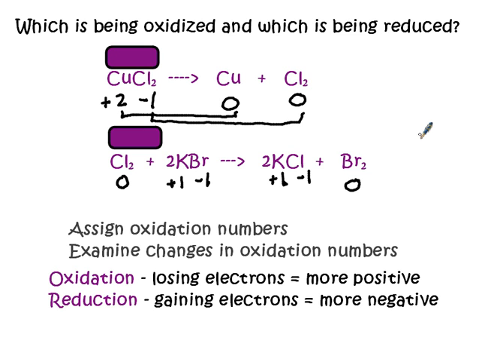And finally, we just have to look to see what has done its change, right? So here I have chlorine, and chlorine went from a 0 to a -1, more negative, reduction. And bromine went from a -1 to a 0, more positive, oxidation. How'd you do? Not so bad, huh?